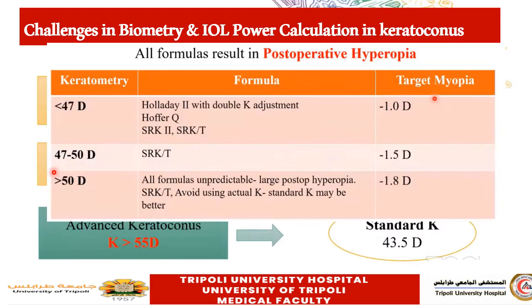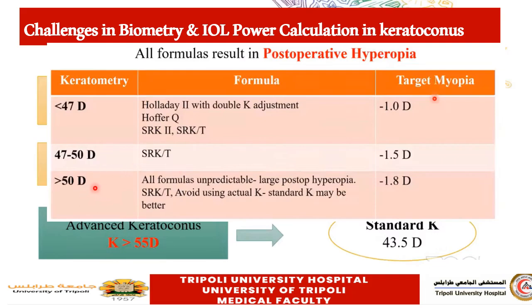Now, if your patient has a K reading between 47 to 50 diopters, they found that the SRK/T formula is very helpful in these patients, and your target refraction should be -1.5 diopters. If your patient is more than 50 diopters, it is better to make your target -1.8 diopters, and also the SRK/T formula is useful.